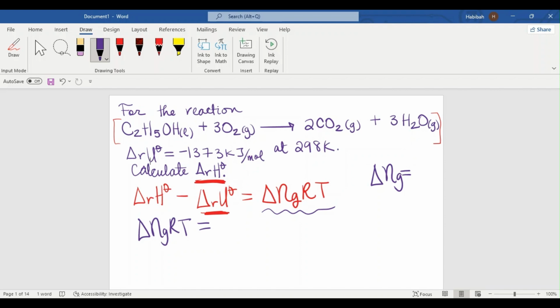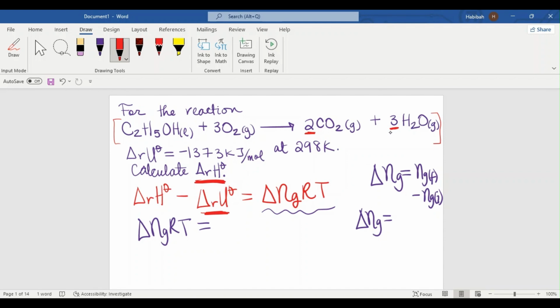So you're going to have the final state of the reaction, n_g of F, minus the initial state of the reaction, n_g of I. We're going to determine that by counting. Currently we have 2 molecules of carbon dioxide and then 3 molecules of water, H2O.